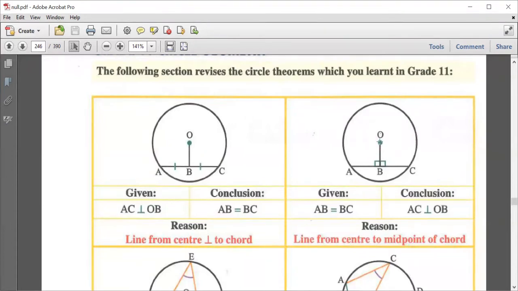So the line from this center O to the midpoint of the chord, which is indicated by B there. Another reason you can give is that OB is perpendicular to AC. That reason also qualifies to be given on this kind of question.